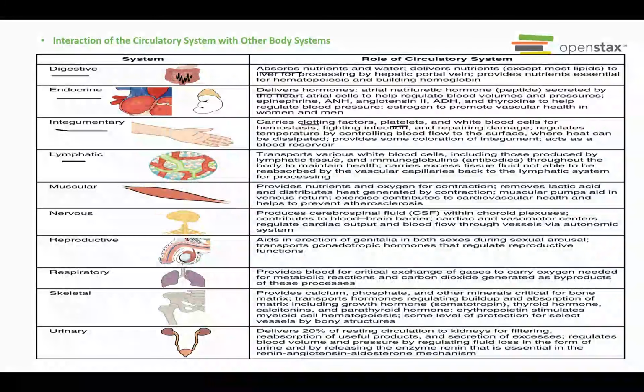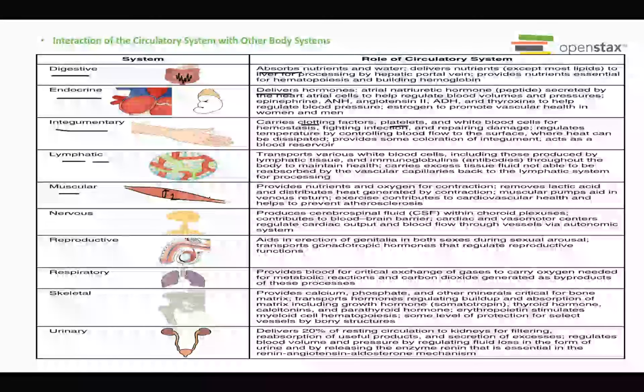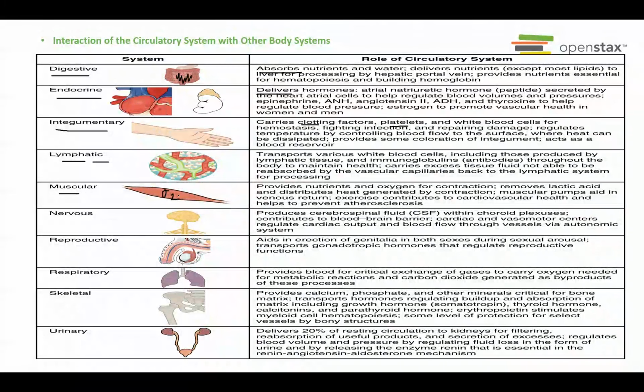Remember, there are five white blood cells: neutrophils, lymphocytes, monocytes, eosinophils, and basophils. They mostly circulate in the lymphatic system. Muscular system: blood delivers a lot of oxygen for the muscle to contract, and also delivers calcium and other nutrients into the muscle.